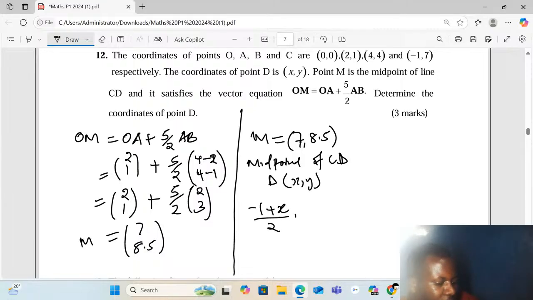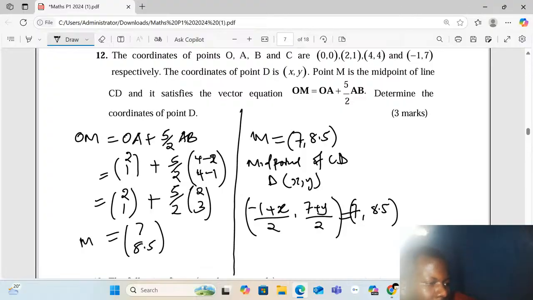Then that point C is -1, 7, so we have 7 plus y. Now we divide by 2, the midpoint. The point M, that is the midpoint, is going to give us 7, 8.5.